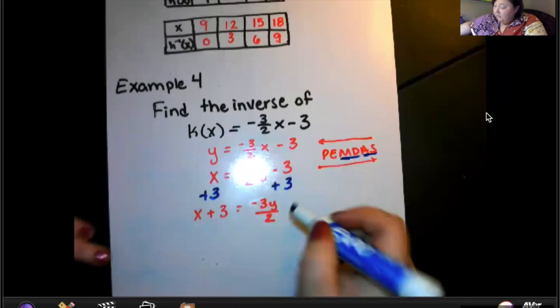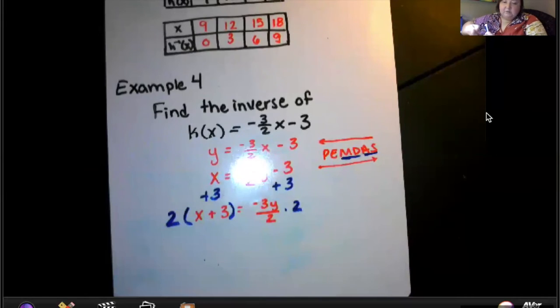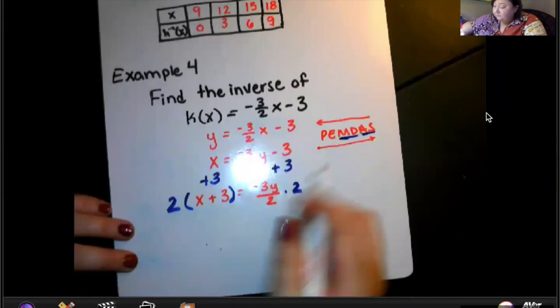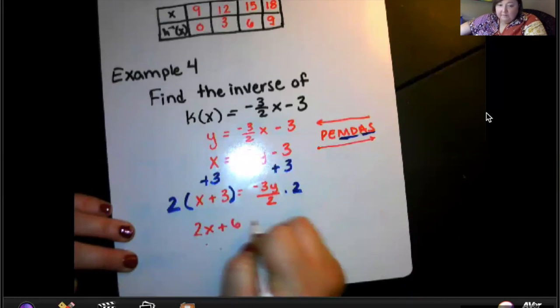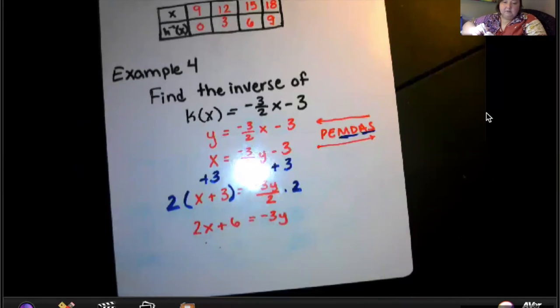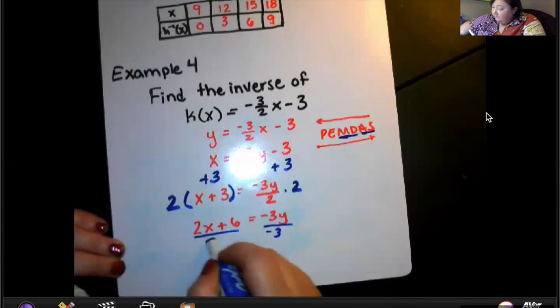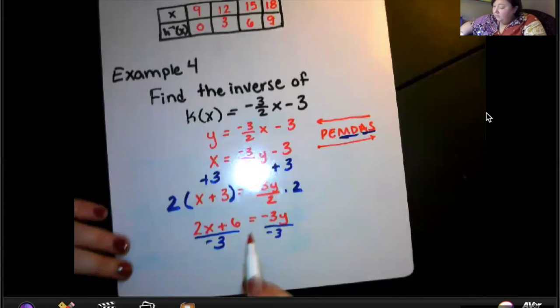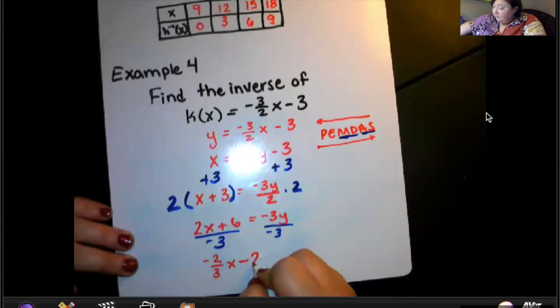So let's multiply by 2. You want to make sure you do it to both sides and everything on both sides. So now this becomes 2x plus 6, and this becomes -3y. Then we're going to divide by -3. This is going to become -2/3 x minus the 6 divided by -3, so it's -2, equals y.